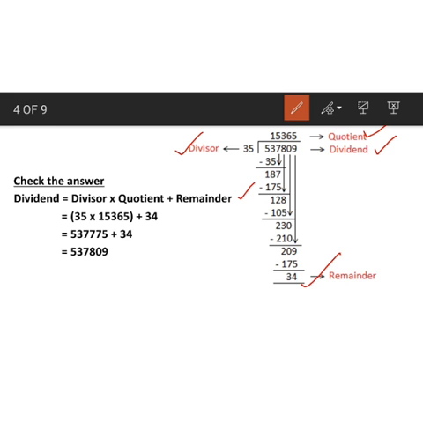Divisor is 35. 35 into what about the quotient? It is 15,365. So 35 into 15,365 plus what is the remainder? It is 34. So plus 34.